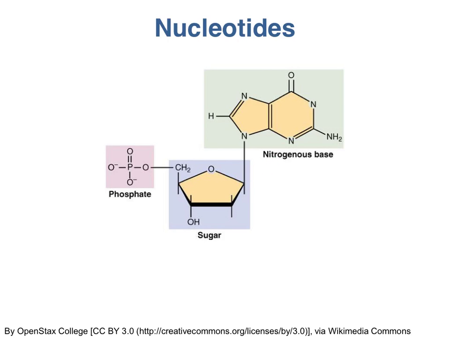The nucleotide structure is a little bit different depending on whether you're talking about DNA or RNA, particularly the sugar. If you're talking about DNA, that sugar is deoxyribose, one of the pentose sugars. If you're talking about RNA, in an RNA nucleotide, the sugar is ribose. It's right there in the name.